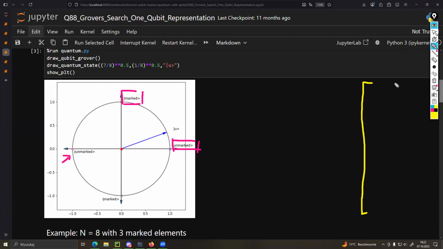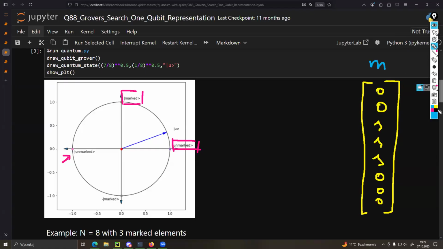So this entire vector that has 0, 0, something, let's say I will draw it as S, S, and S, then 0, 0, 0, 0. No, I messed up and I drew one more than I need. This will be our wanted state, right? So our marked elements and unmarked elements will be this one.